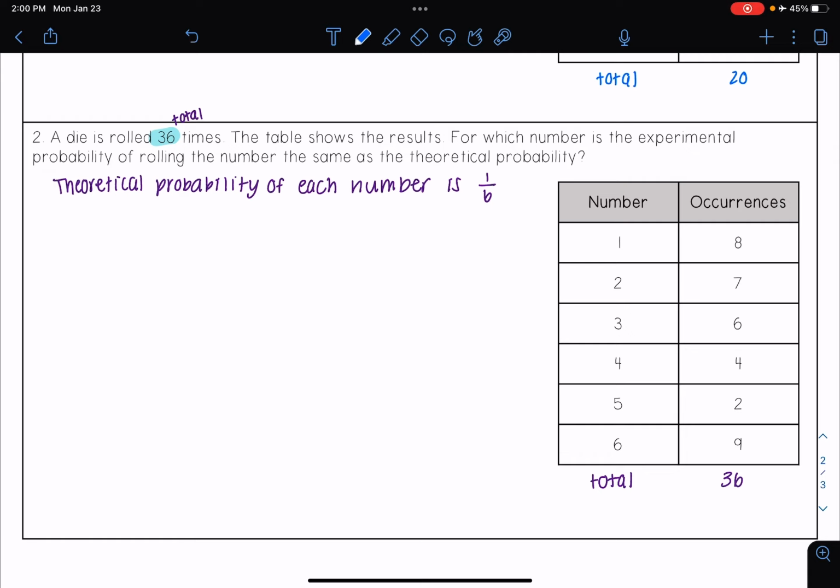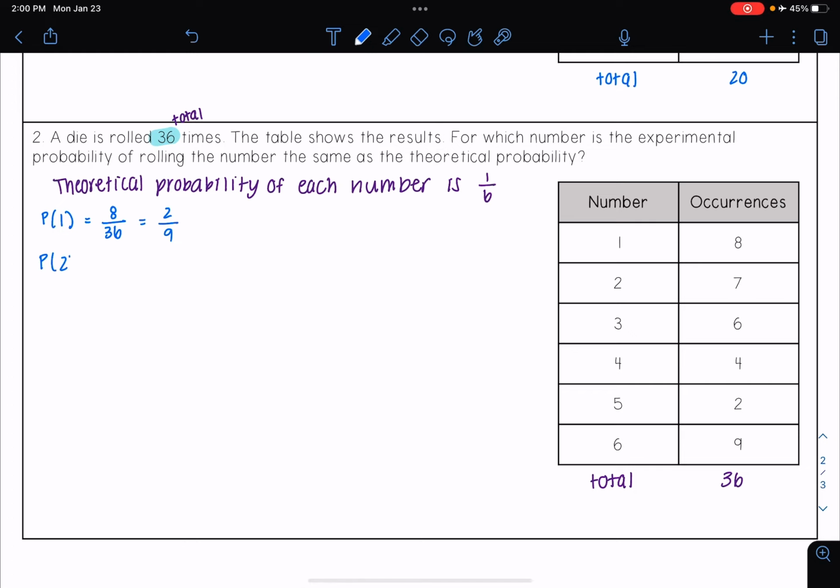First I have a probability of 1, and I see that happens 8 times out of 36. When I simplify that, I see 4 can be divided from top and bottom, so that's going to be equal to 2/9.